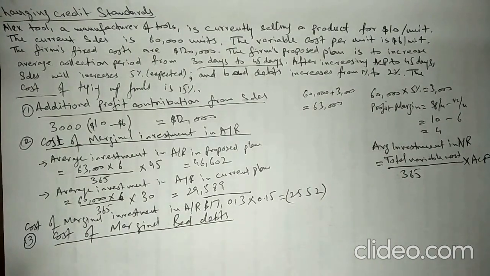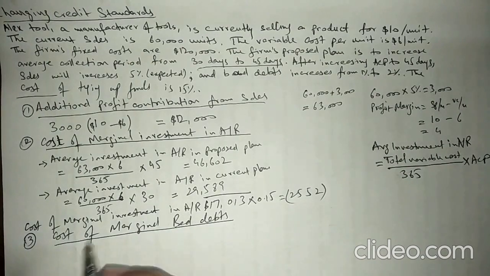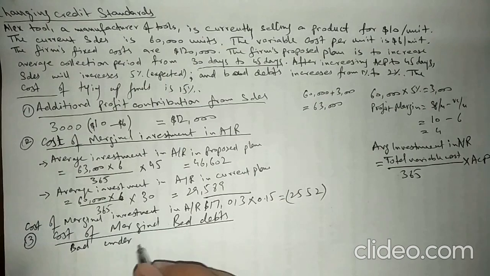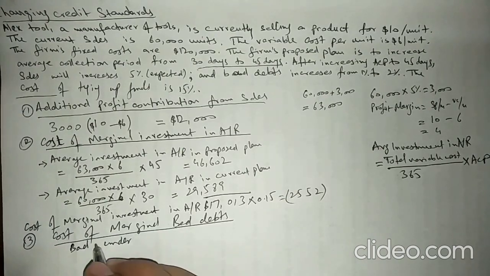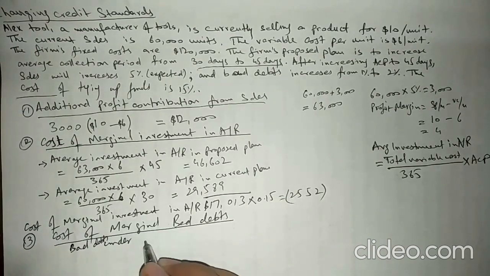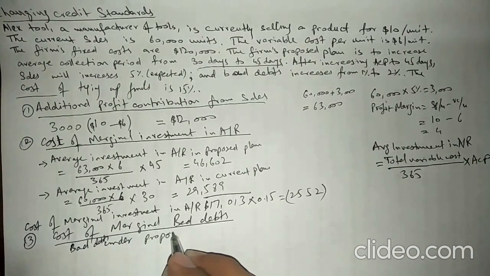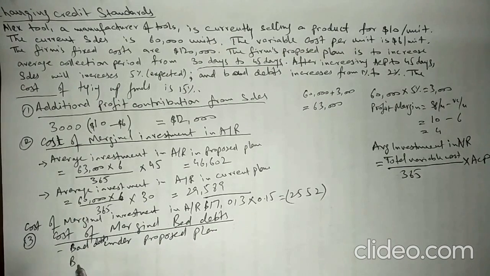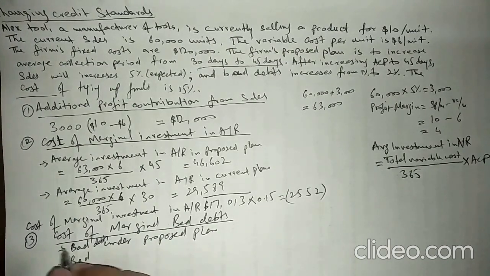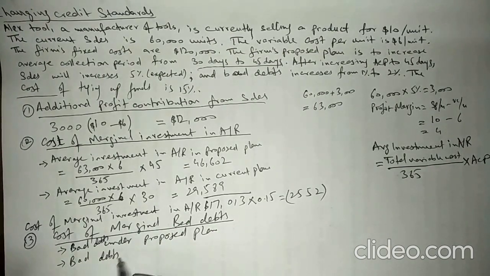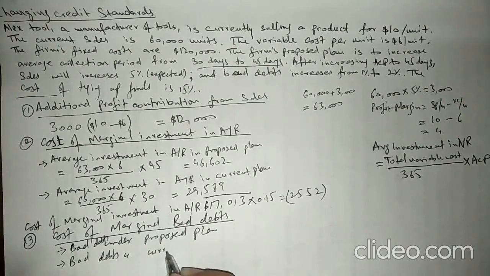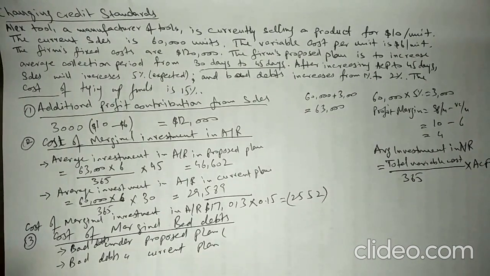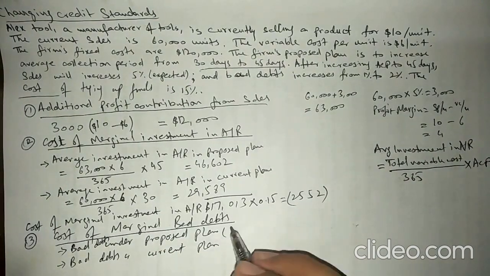And we can calculate a cost of marginal bad debts by calculating a bad debt under proposed plan and bad debt under current plan. So we can calculate a bad debts under proposed plan by multiplying.